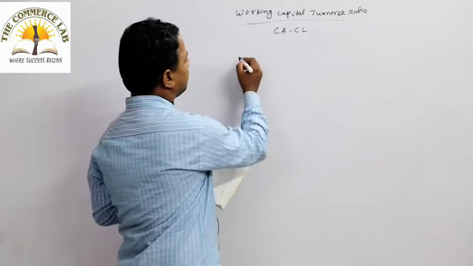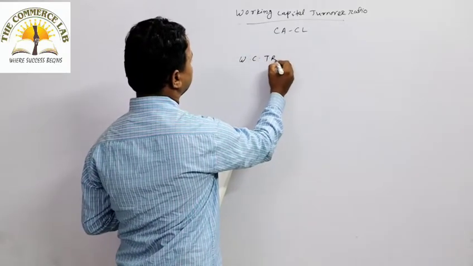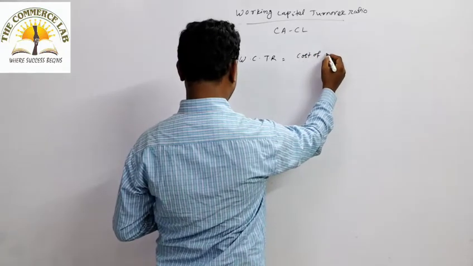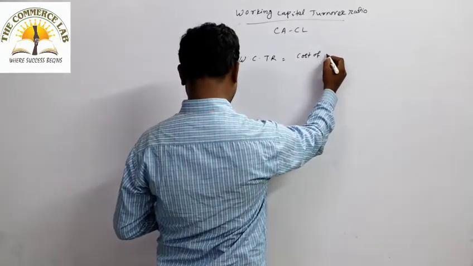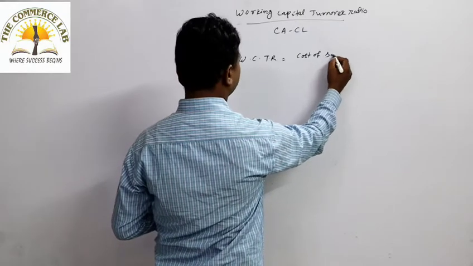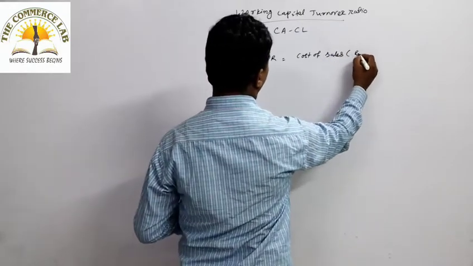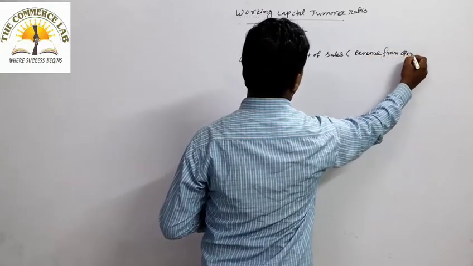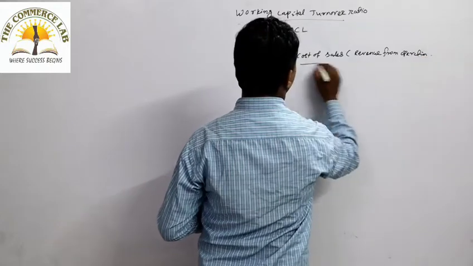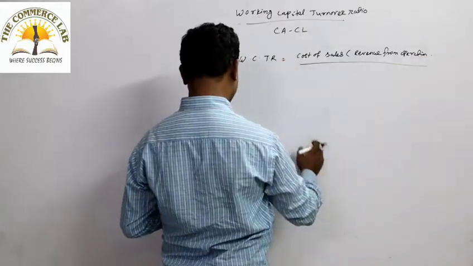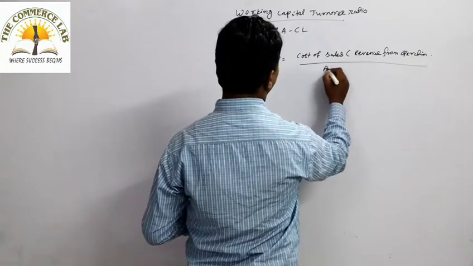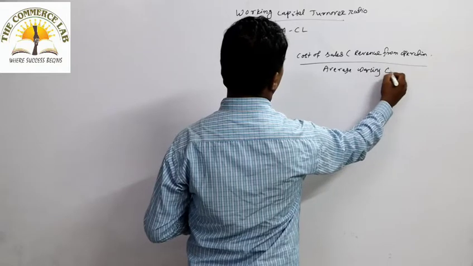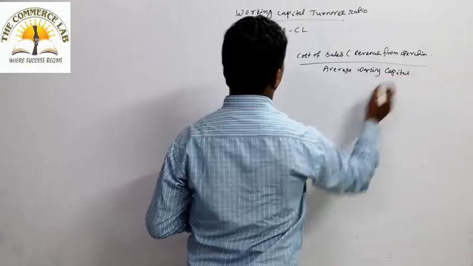Working capital turnover ratio can be calculated with this formula: cost of sales, or revenue from operation, divided by average working capital. This is the formula you have to use.